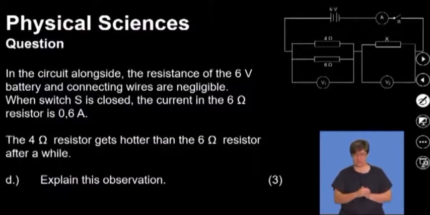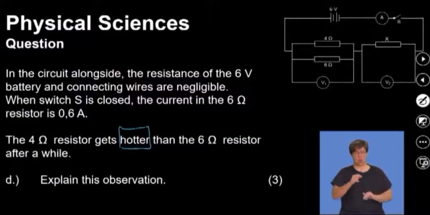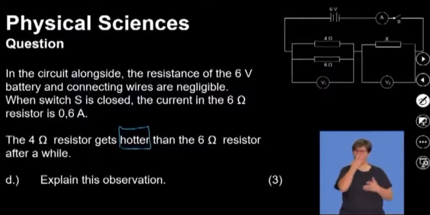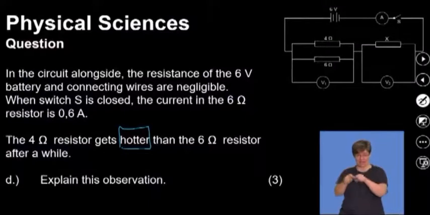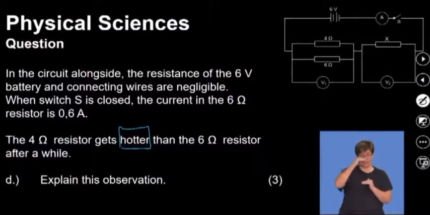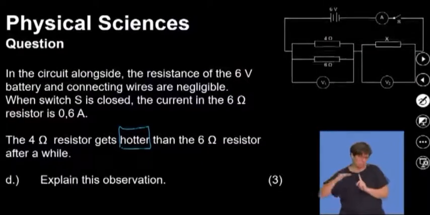The last question says the 4 ohm resistor gets hotter than the 6 ohm resistor after a while. Think about energy. Explain this observation: why does the 4 ohm resistor get hotter? We have discovered that if 2 resistors are connected in parallel, the one with the smallest resistance receives the most current.